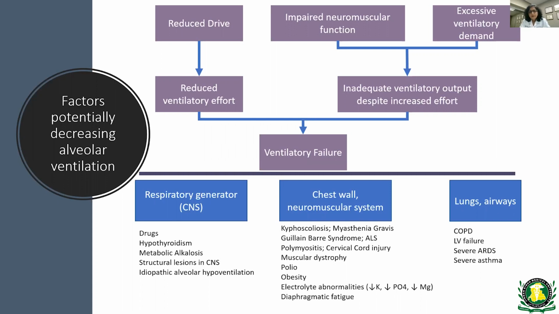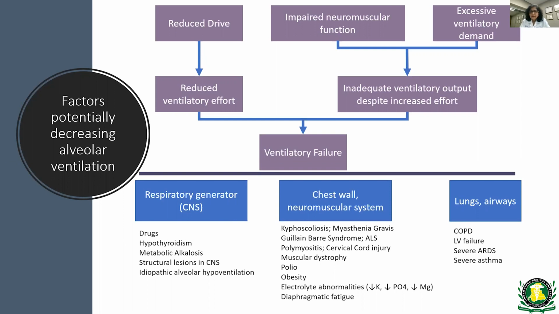Or it could be problems related to the chest wall and neuromuscular system, such as kyphoscoliosis, myasthenia gravis, Guillain-Barré syndrome, polymyositis, etc. Or problems related to the lungs and airways like COPD, left ventricular failure, severe ARDS, and severe asthma.